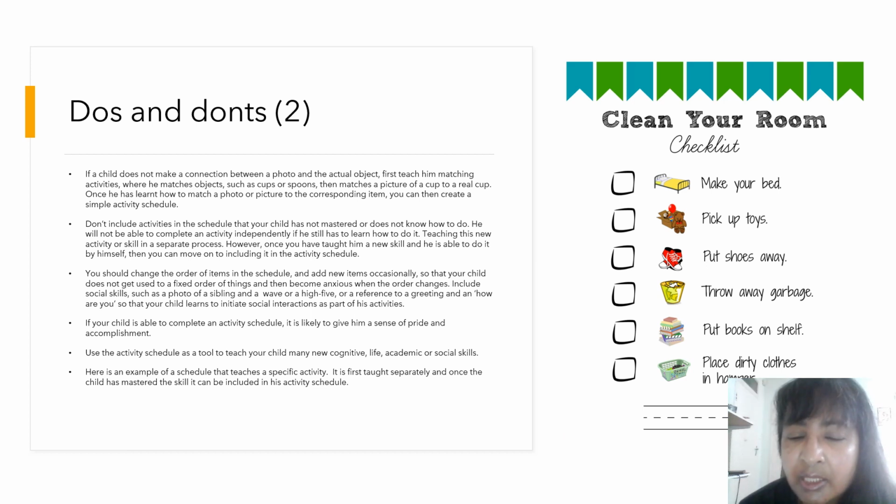Those are all the separate items for tidying up the room as a whole. You then teach that, and later on, once it has been mastered, you could just have a "clean your room" item with a photo of the room in the activity schedule.